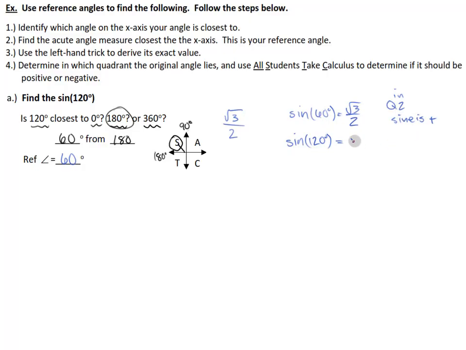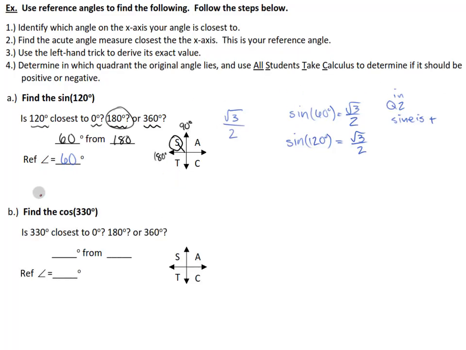So our answer is positive root 3 over 2. Now if we were in a different quadrant, 60 degrees away from the x-axis, maybe my answer is negative. But we can use our left hand trick to come up with root 3 over 2 for sine of 60, the reference angle, and then figure out if it's positive or negative using "All Students Take Calculus."